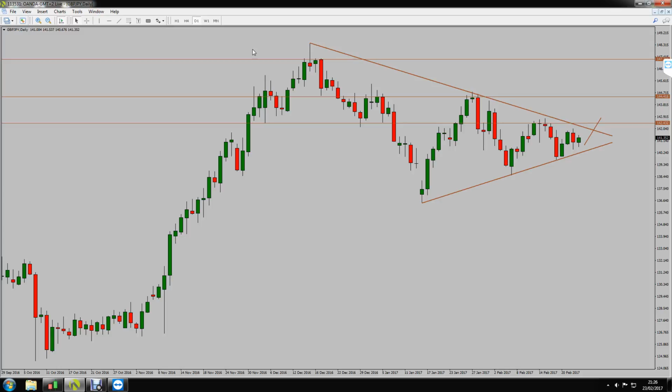I said the final target, but we have to be careful, because we never know where the price will stop. It's a bullish evolution, okay? So we don't know, but these levels are just to understand where the pattern's targets are.